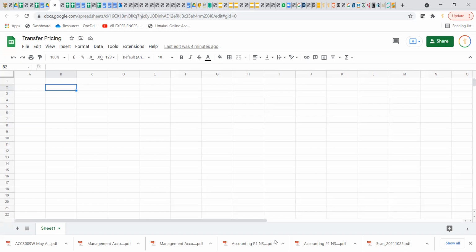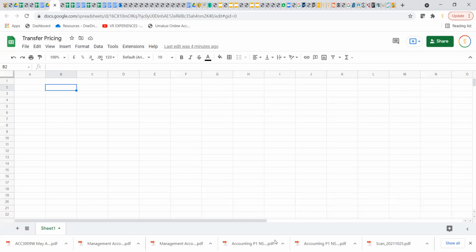The performance gets measured based on that particular entity. Now, many companies run like this. In situations like this, there may be overlap in the sense that one company provides products to another division within the same company, or provides services.